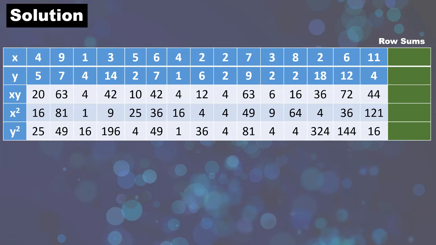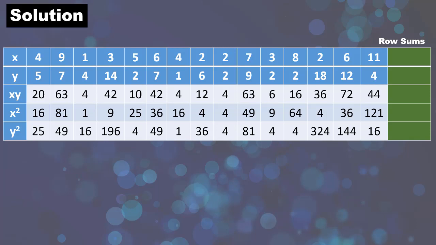So now that we have all of these rows complete, we can add up each row because that's what we need for the formula. We need the sum of the X row, the sum of the Y row, the sum of the X times Y row, the sum of the X squared row and the sum of the Y squared row.